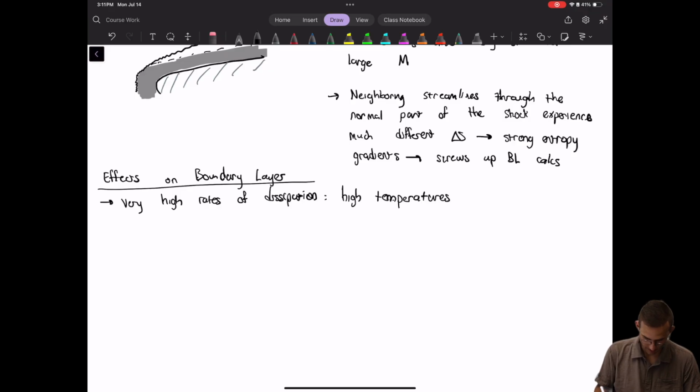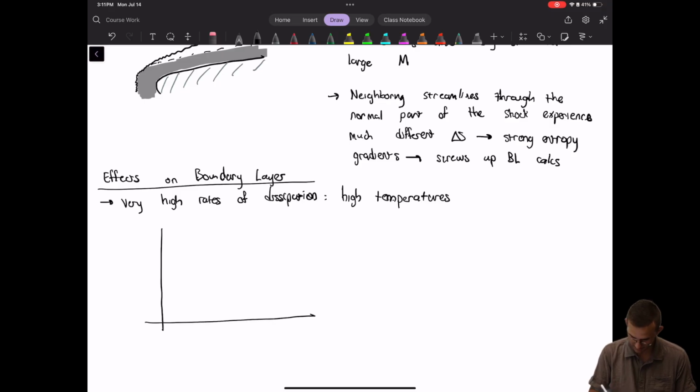So if we were to plot the temperature as a function of distance away from the surface, let's say you have y here, and the x-axis is going to be both the distance along the surface, the location, but I'll also be plotting the temperature profile on this.